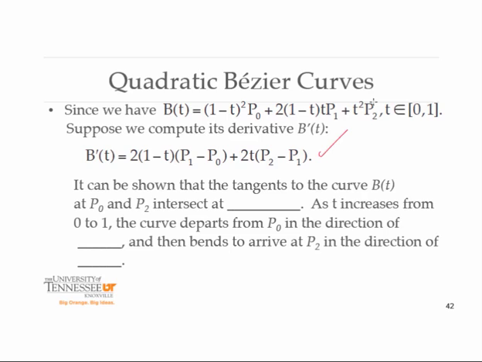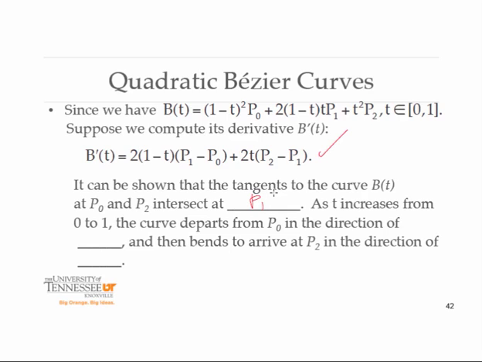So it can be shown that the tangents to this Bezier curve B of t, the tangents at P0 and P2, will intersect at P1. Okay. I can actually show that.